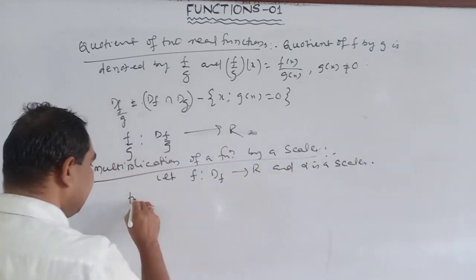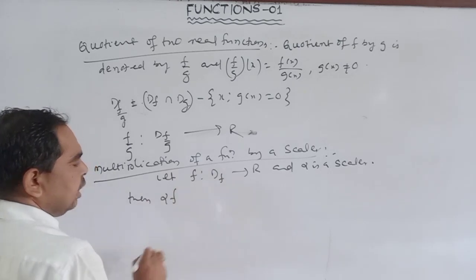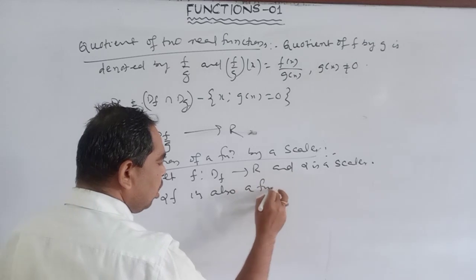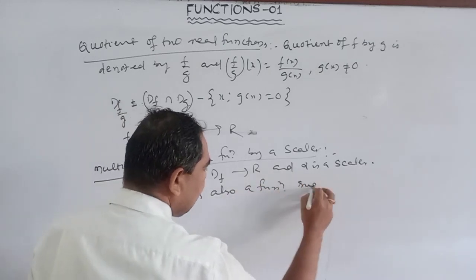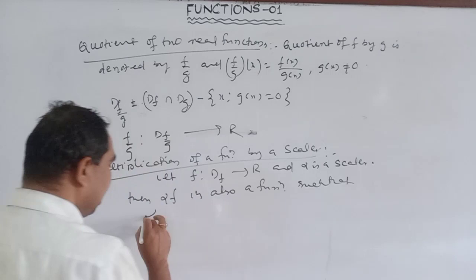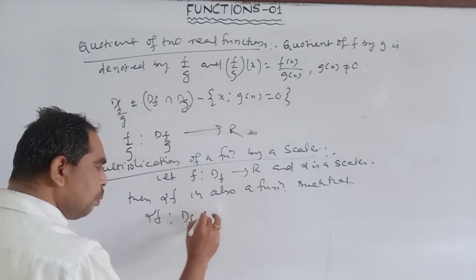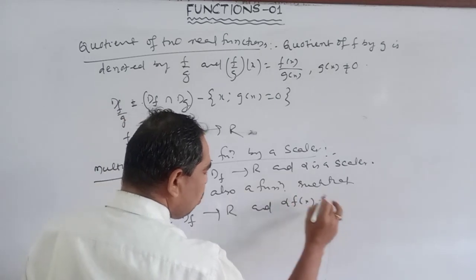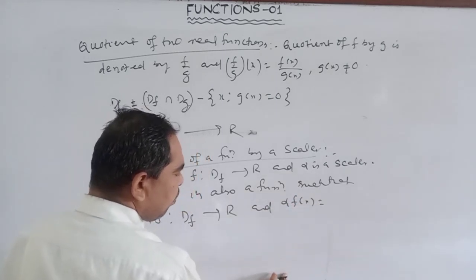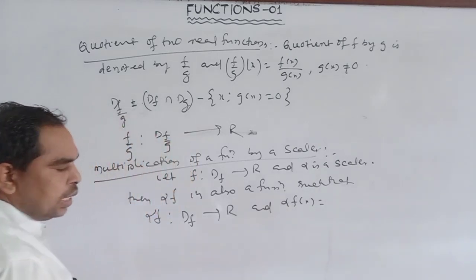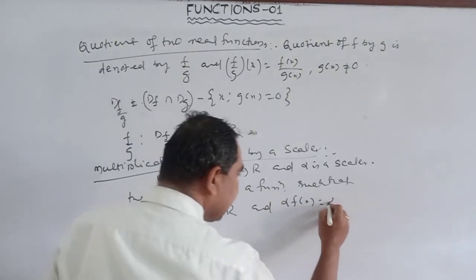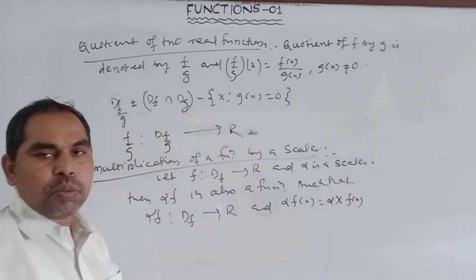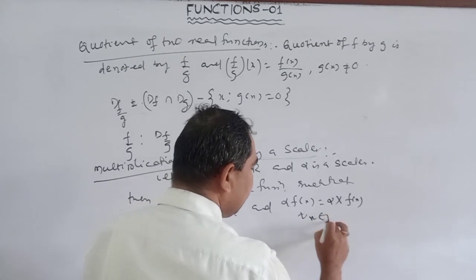Then alpha f is also a function such that alpha f has the same domain of f to real number R, and alpha f(x) is equal to alpha times f(x) for all x belongs to real number R.